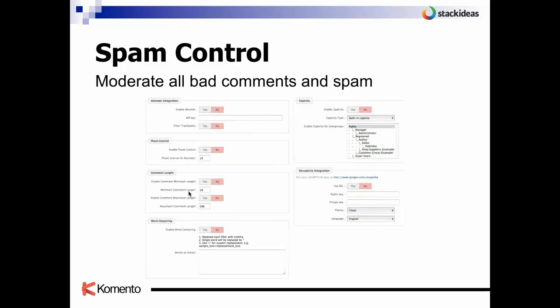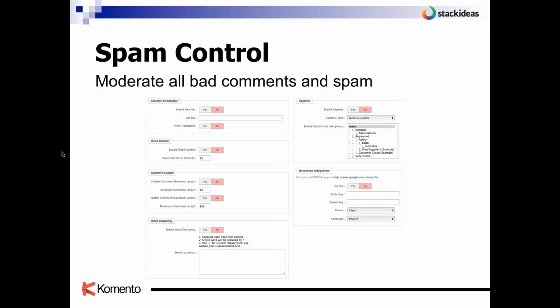Okay, the next is spam control. In Commento, we have quite an extensive feature set in terms of spam control, and I'm sure a lot of websites have issues with bad comments and spam, robots posting garbage comments. So with Commento, we have Akismet integration.